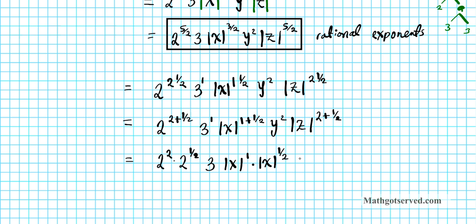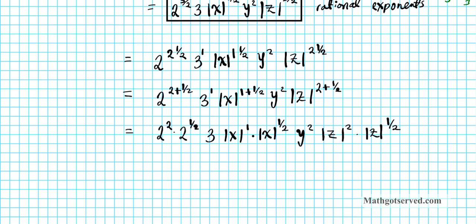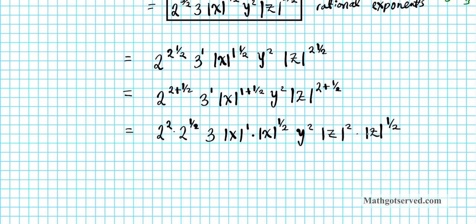Same idea we are applying here, times y squared. Now if we break this up, it's going to be the absolute value of z to the second power times the absolute value of z to the 1/2.